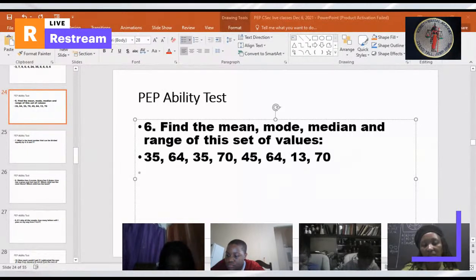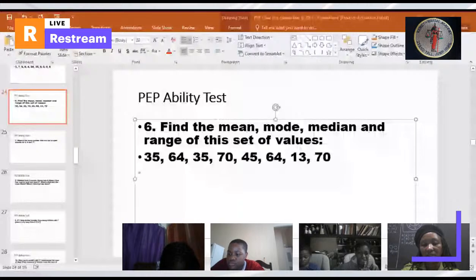Miss, 45 and 64. Yeah, 45 and 64. So we have to add them up. We get 109 and divide by 2, 54.5. And the range? Miss, the range is 57.